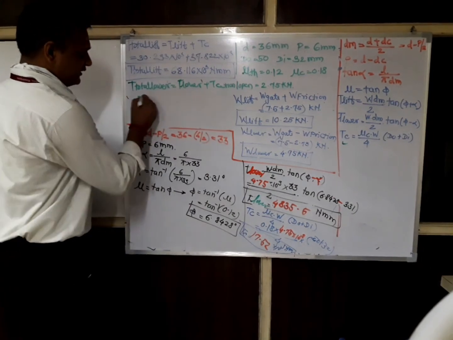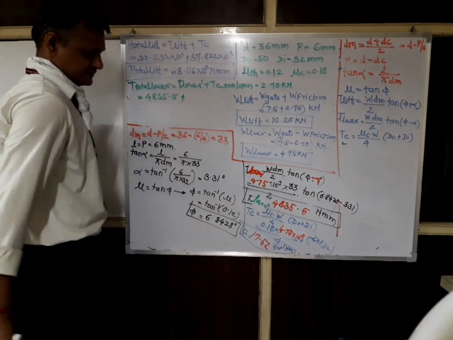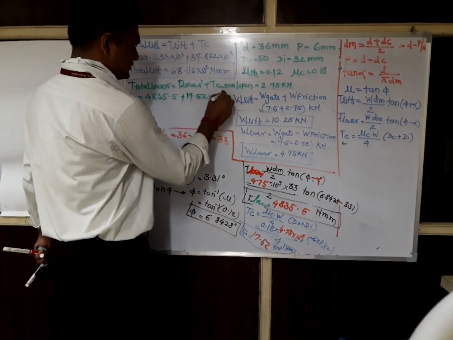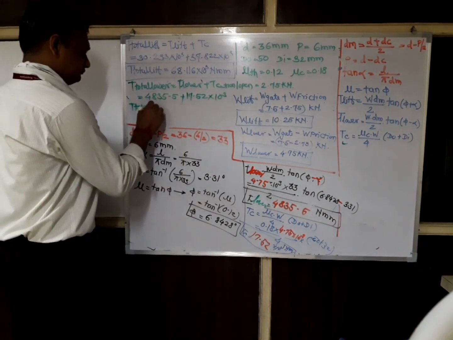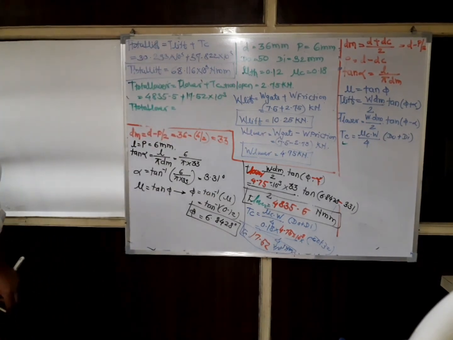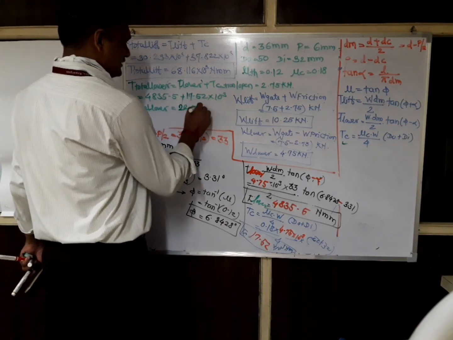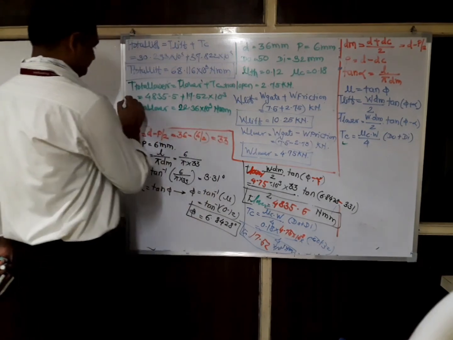Therefore you will get the value 4835.5 plus 17.52 into 10 raised to 3. Therefore T total lower is equal to 22.36 into 10 raised to 3 Newton mm.